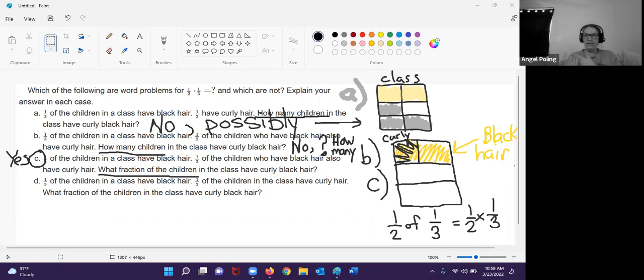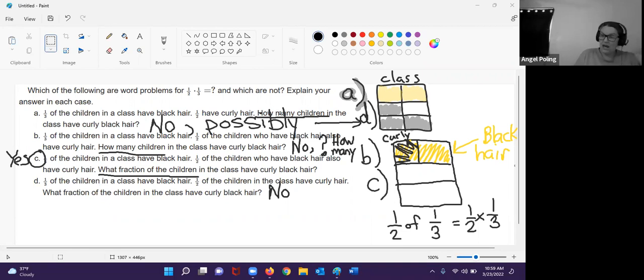So part of our answer for A would be, we don't know how many children, but also we can't solve it through 1/2 times 1/3 anyway. So for D, we're also going to say no, because the image for D matches the image for A, in that it could possibly have no overlap in these children.